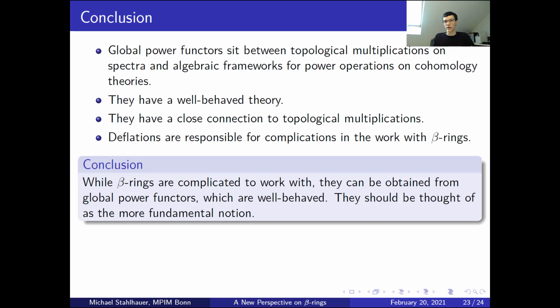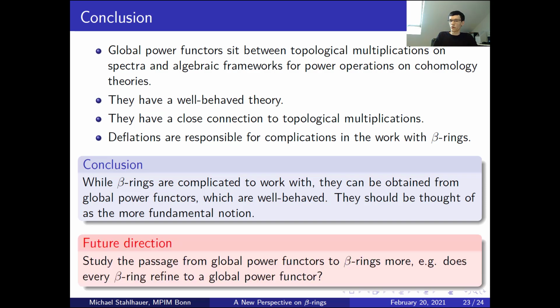So maybe it's better to just work with global power functors. And if one really has to work with beta rings, maybe one can study this assignment of a beta ring to a global power functor to understand where these complications come from. And this is also a step for maybe further research, that we want to understand this passage from global power functors to beta rings more.